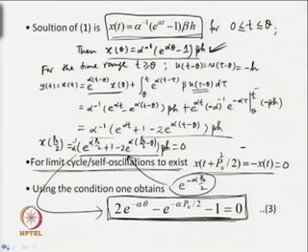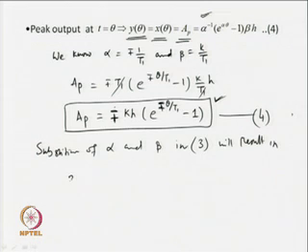We know that this is our equation number 3: 2 e to the power minus alpha theta minus e to the power minus alpha pu by 2 minus 1 is equal to 0.